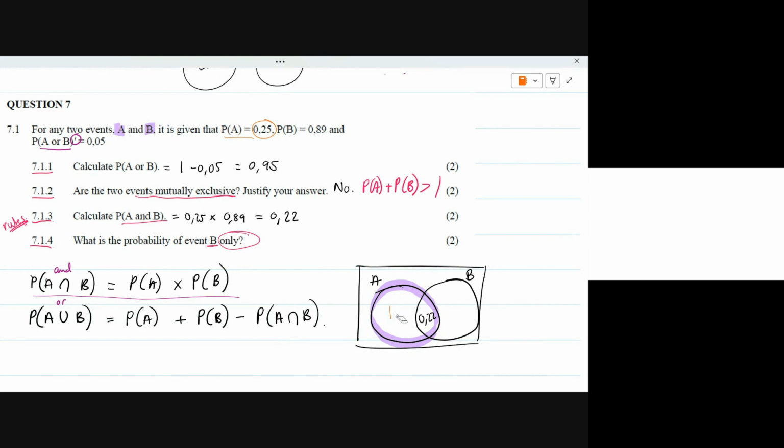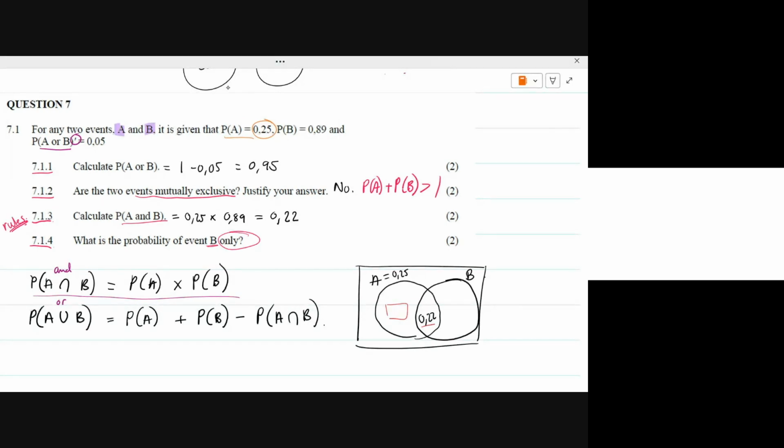So, ma'am, aren't we going to add 0.22 with 0.25? No, my darling. So the final answer we want is 0.25 because the whole of the circle must equal 0.25. So at the moment, I've got 0.22, which means I need to subtract from 0.25 to find that part.